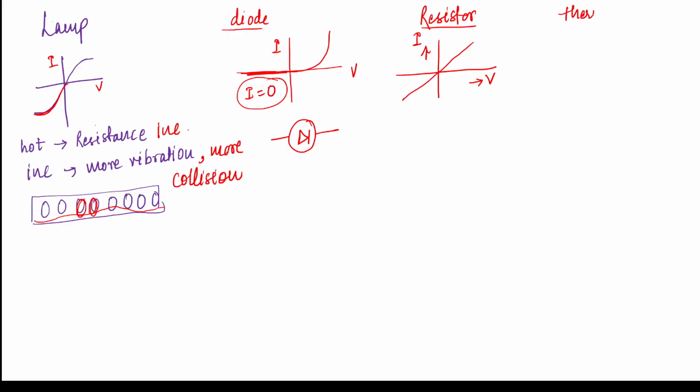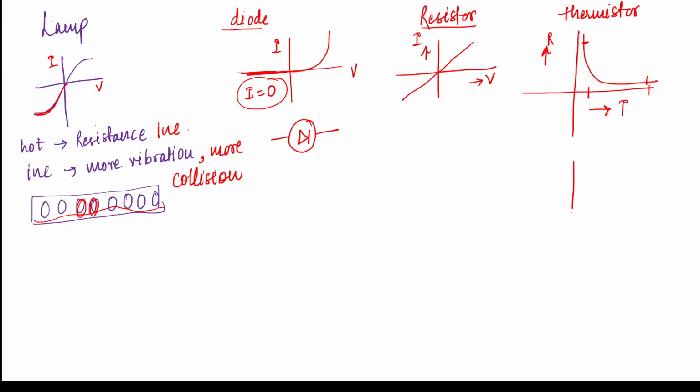Next one is a thermistor. Now this graph is between resistance and temperature. Higher temperature, lower resistance. So as you can see, when the temperature is low, resistance is very high. As temperature increases, resistance decreases. That's your thermistor.